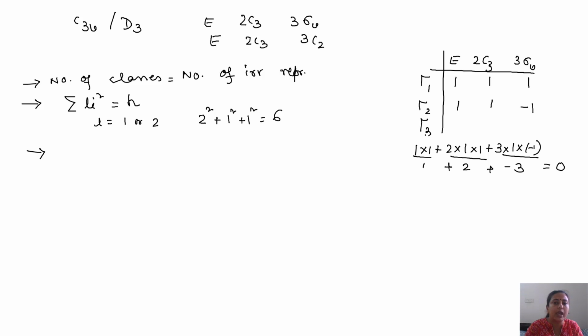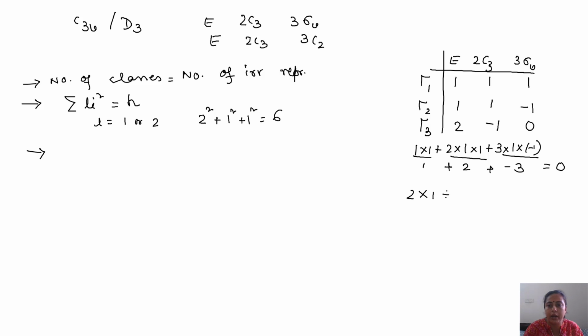For the last one, again we have to satisfy all the rules, and we know it has to be 2-dimensional in nature. So it has to be 2 over here. Now again, 2 into 1, so the entries have to be 2, minus 1 and 0.